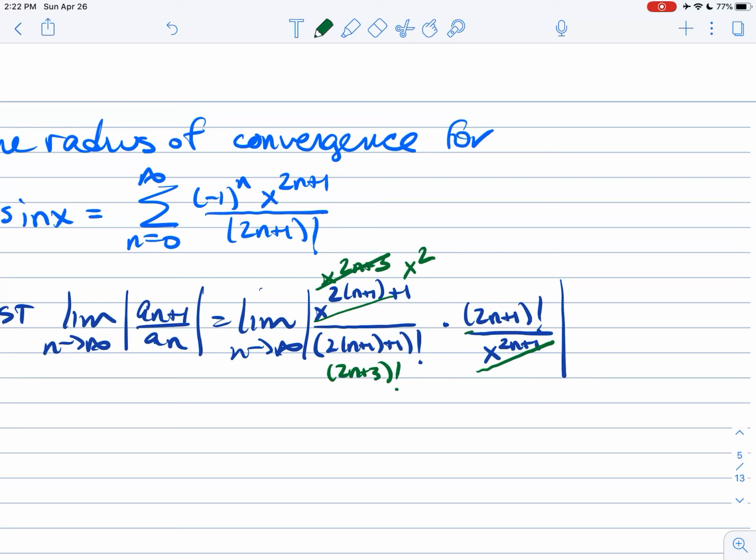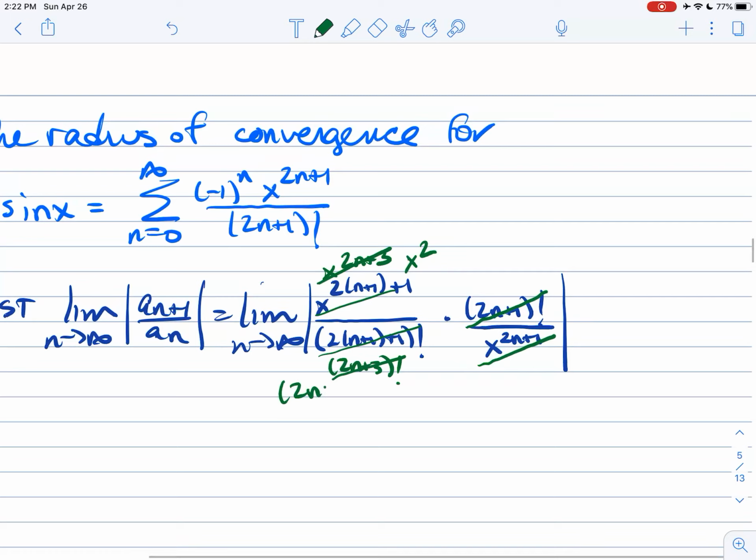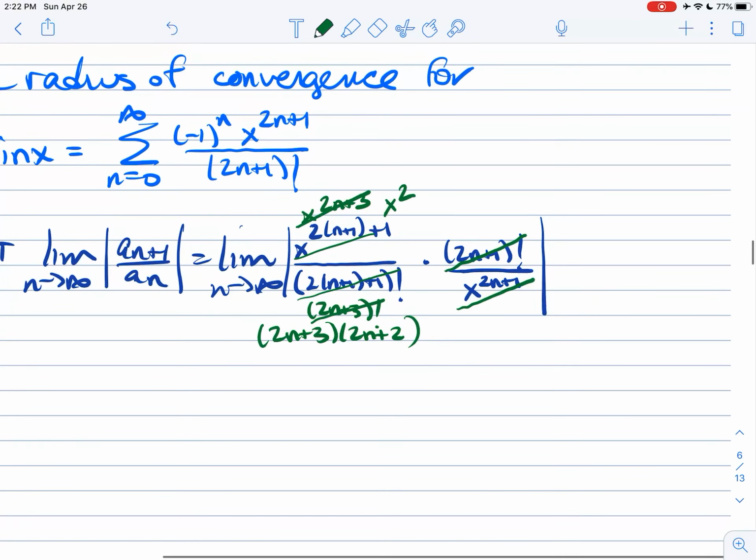And if this is (2n+3) factorial, if I cancel (2n+1) factorial with (2n+3) factorial, I am left with (2n+3) times (2n+2). Those are the two factors that are still remaining after I cancel 1 times 2 times 3 times 4 times up to (2n+1) factorial.